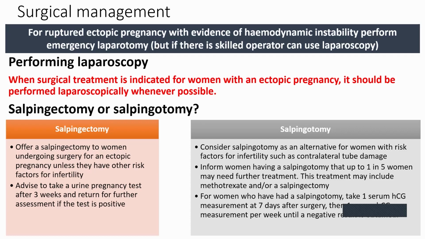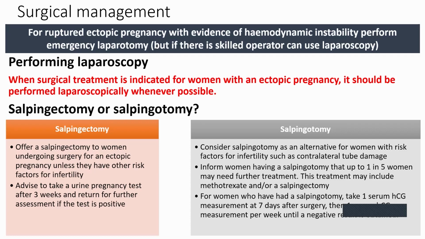We offer salpingectomy because in such instances, with a single tube compared to having two tubes, there is no statistically significant difference in achieving pregnancy. And we will be eliminating the recurrence in that deformed tube.